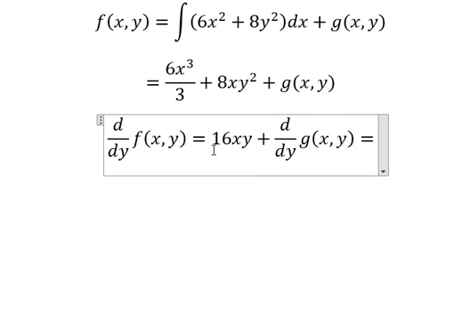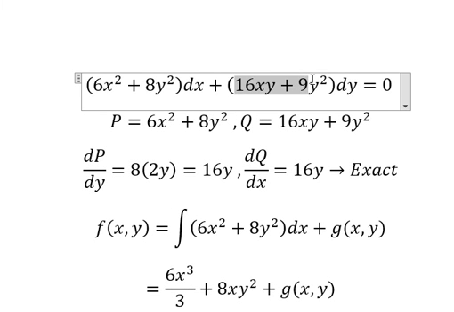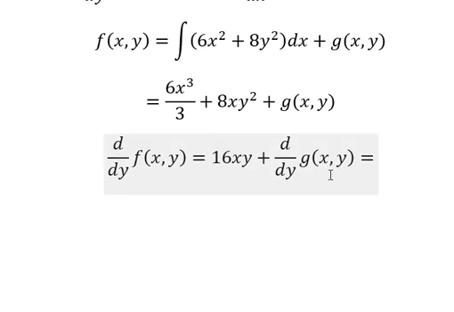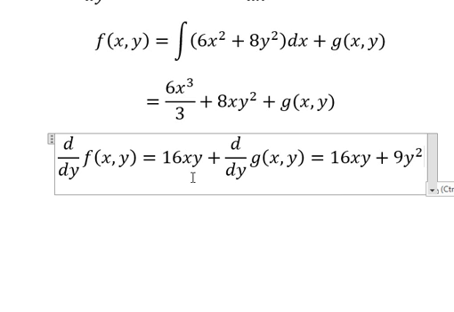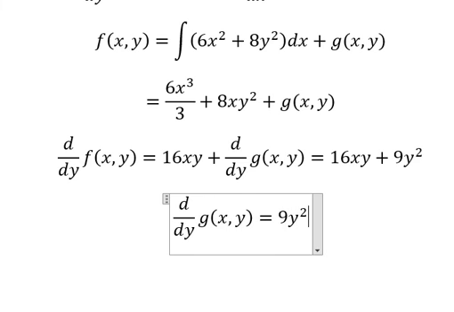And we know that this one equals to this one. Now we need to simplify for both sides, and we just have only 9y squared.